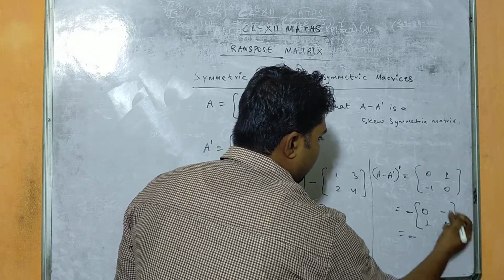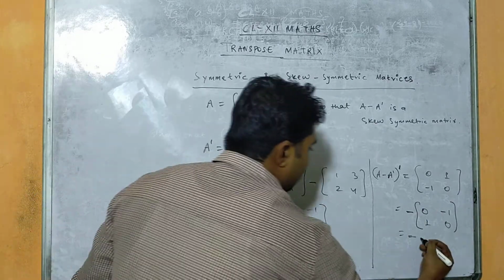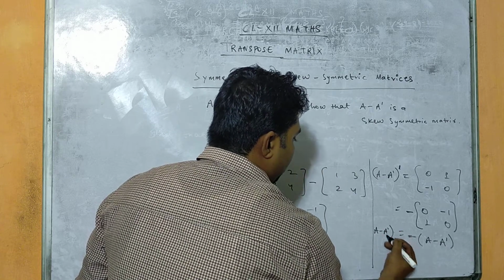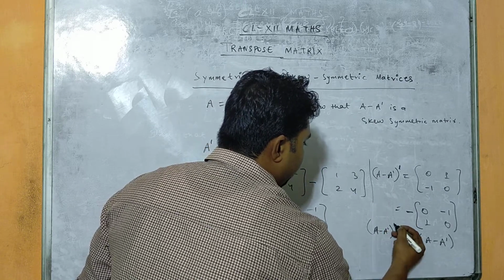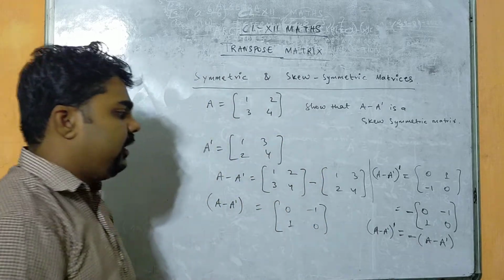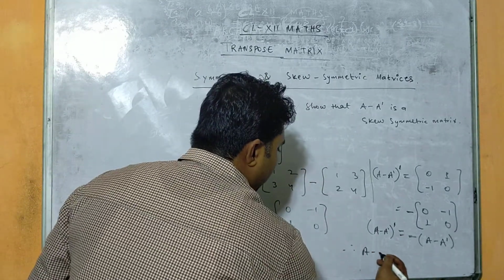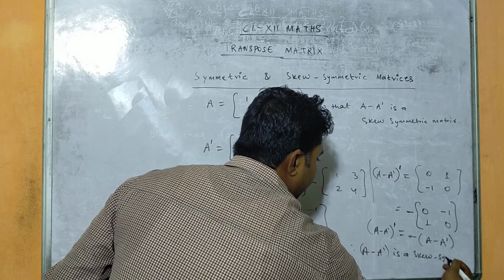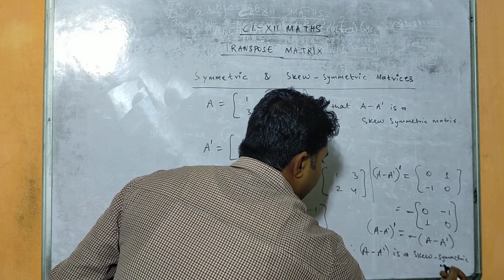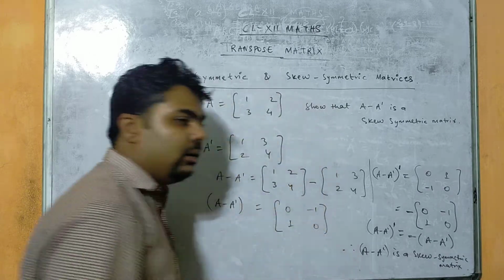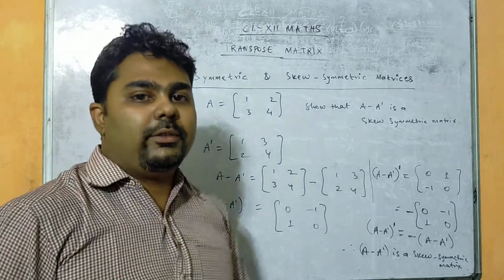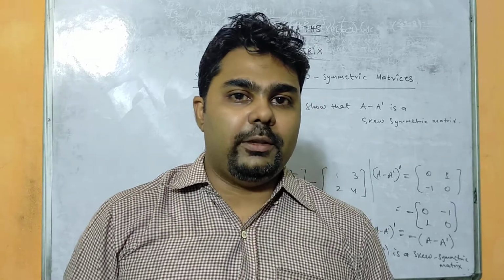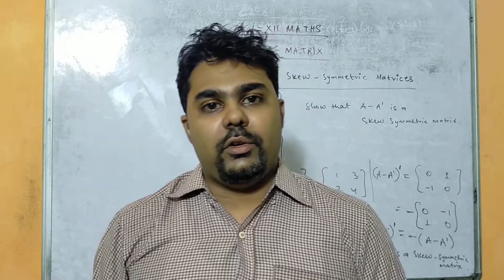So minus, but what is it, A minus A transpose. A minus A transpose whole transpose equals minus of A minus A transpose. Therefore A minus A transpose is a skew symmetric matrix, right? So this was the concept of how to find symmetric and skew symmetric. So next question we will solve: how to express a given matrix as a sum of symmetric and skew symmetric matrices.